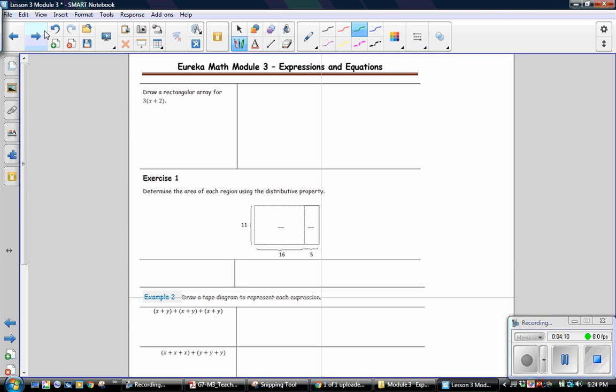Next, draw a rectangular array for 3 times the quantity x plus 2. We drew the length of x about that length, and then plus 2 more, that is x plus 2. And we want 3 rows of that.